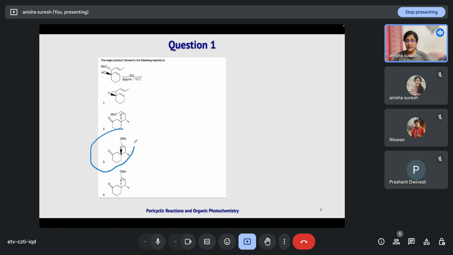So this is the answer. Answer 3 will be the correct answer. So anionic oxy-Cope rearrangement is taking place, and it will result in the formation of 3 as the final product. Clear?